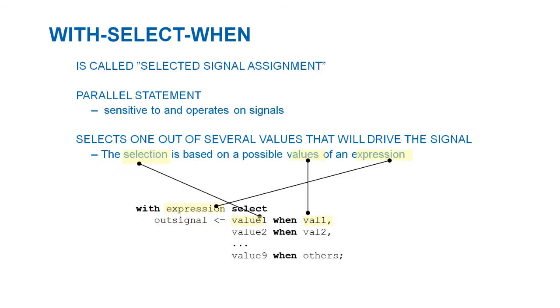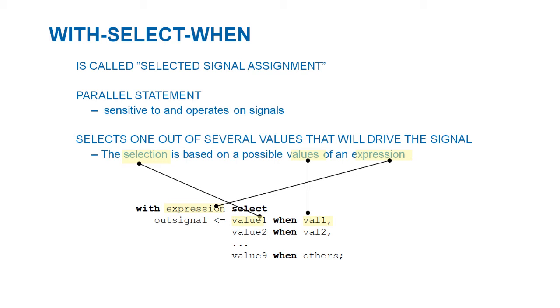So the with-select-when statement is also known as a selected signal assignment. It's a parallel statement. It's more or less like having its own sensitivity list, and it's based on the signals it's going to evaluate, and then it knows directly how to map a value to an output signal based on the evaluation of an expression given to it.